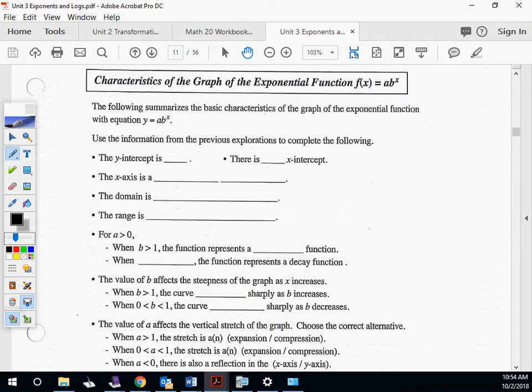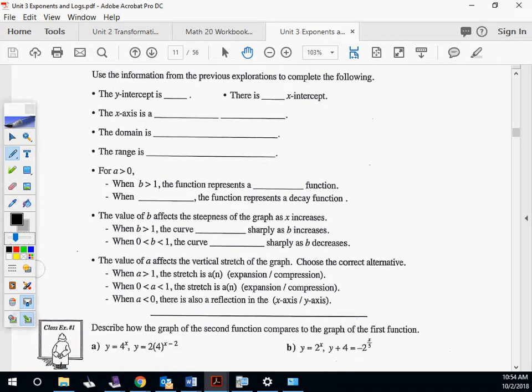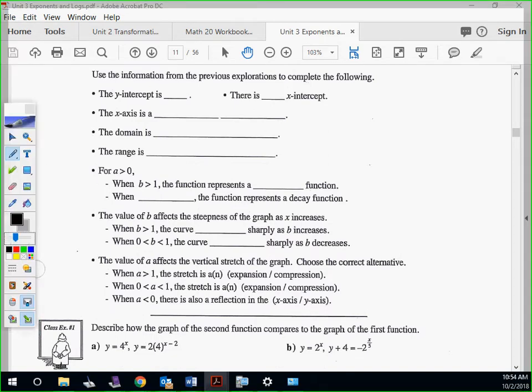Characteristics of the graph of the exponential function, f of x equals ab to the x. So the following summarizes the basic characteristics of the graph of exponential functions. So it's kind of putting it all out, like our guided notes here. Okay, the y-intercept is A. There is no x-intercept in this form.